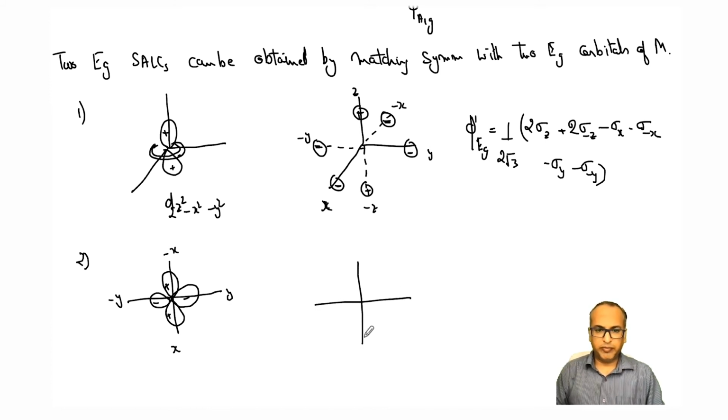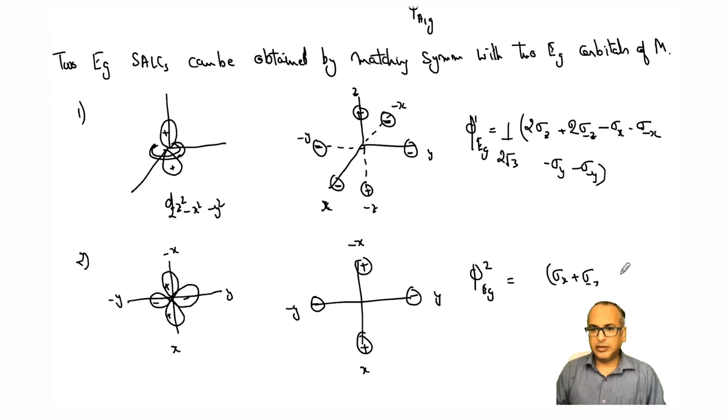So you have plus x, minus x, plus, minus minus, right? So this is y, minus y. So I can say phi EG second will be sigma x plus sigma minus x minus sigma y minus sigma minus y, and this will be 1 by 2, right?